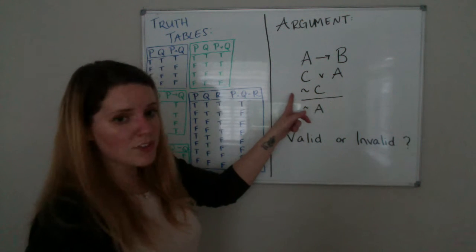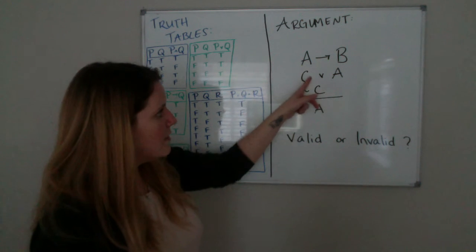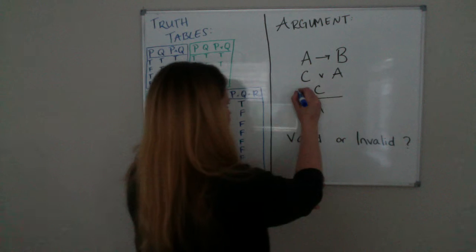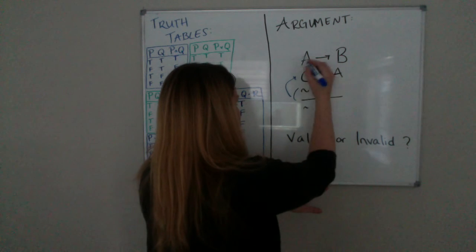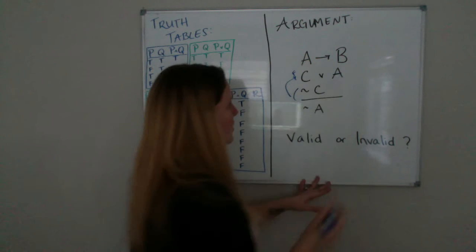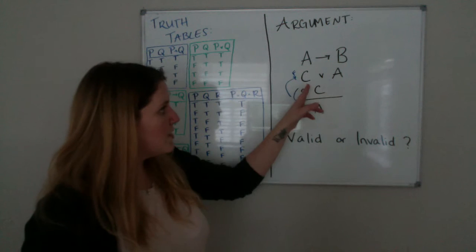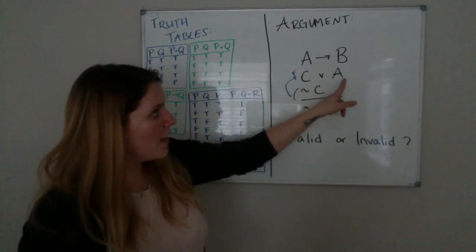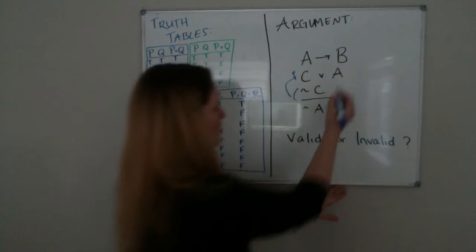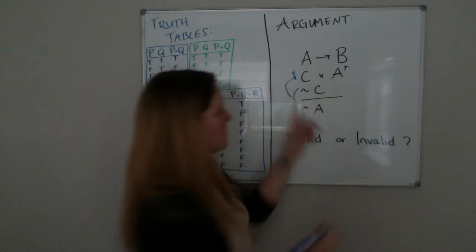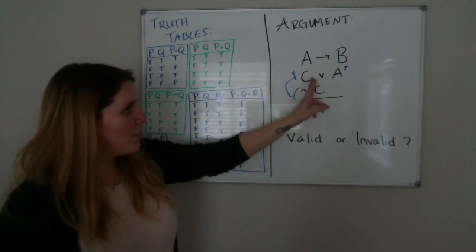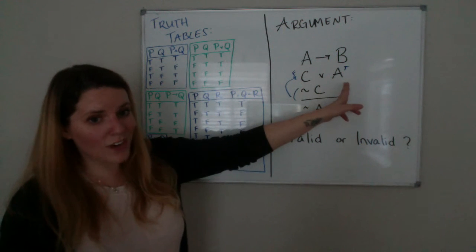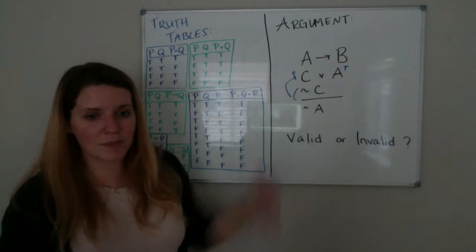If the third premise is true, then we know that C is false. And if this premise is true, meaning C is false, then we know that A has to be true. So if C is false, and it's true that either C or A, then that means that A has to be true.